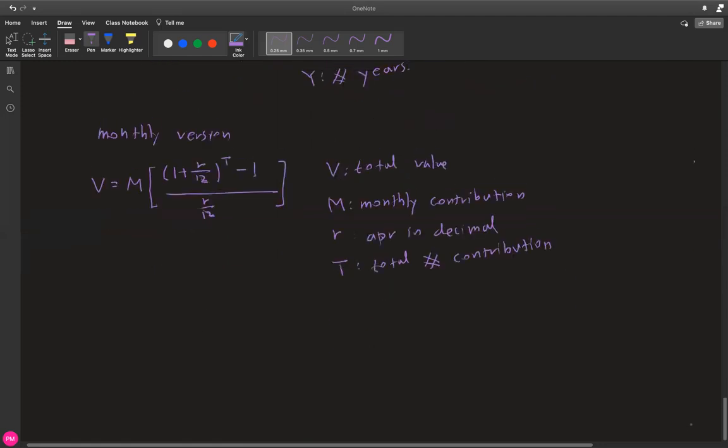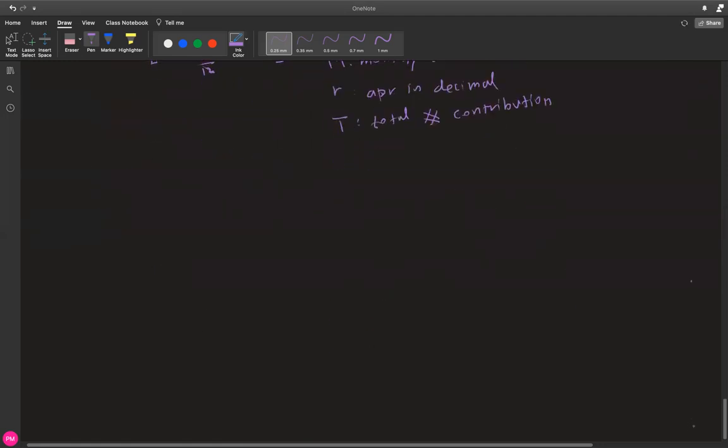So we're almost done. We only have one more chapter to go over. That's chapter 10.5, and that was consumer debt. We only talked about the installment loan here, and that's all we're going to talk about. Here we only did one formula, and that is the amortization formula.